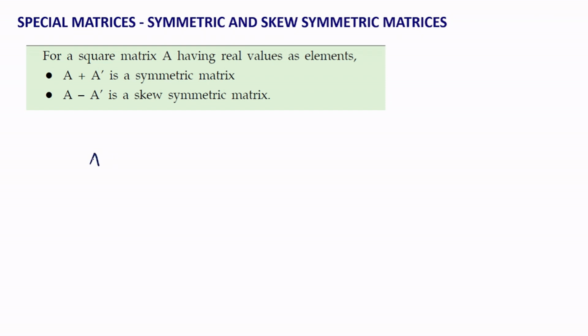So if we consider A as equal to half of A plus A transpose plus half of A minus A transpose. If we add this, we will get half of A plus A is 2A, plus A transpose minus A transpose will be 0.